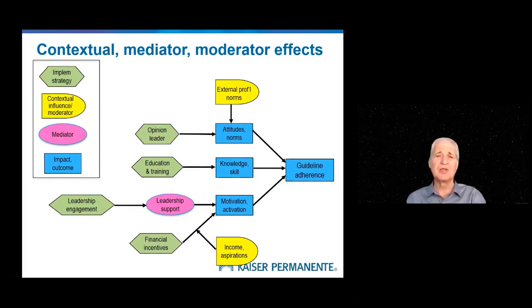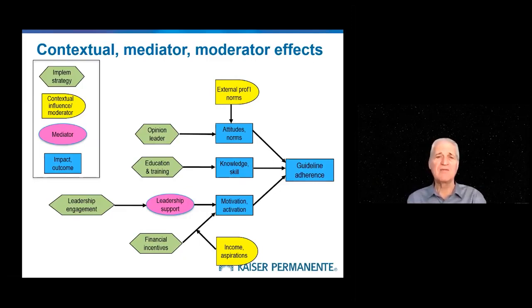But those financial incentives don't have homogeneous, stable effects. The effect of a $20,000 bonus for a new family physician fresh out of training with a $150,000 a year income, the effect of that incentive on his or her efforts to improve guideline adherence, of course, is likely to be much greater than the effect of that $20,000 bonus on a surgeon whose income is in the $500,000 and up range, and who is older and more established, and unfortunately doesn't pay much attention to patient satisfaction scores and other sorts of factors that lead to bonuses.